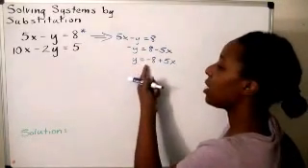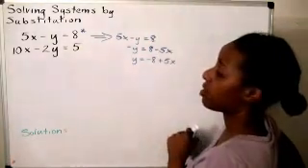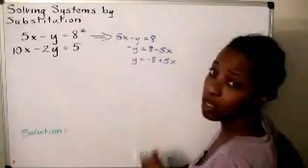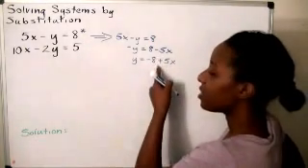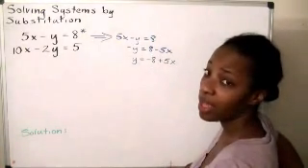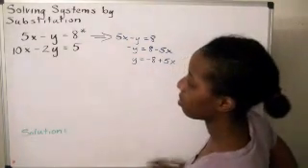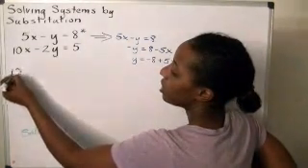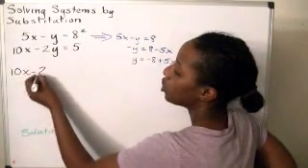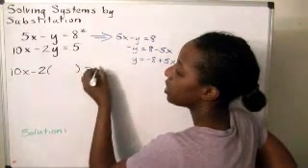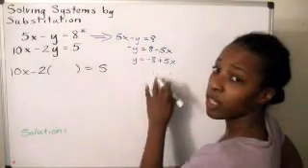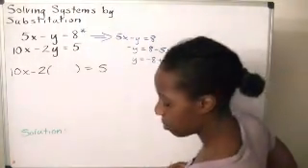So now I get y equals negative 8 plus 5x. Okay, remember this is going to be our new equation, and this is what we're going to substitute in for y into our second equation. So let's see, we get 10x minus 2, open parentheses, and here's my expression that I'm going to substitute in.